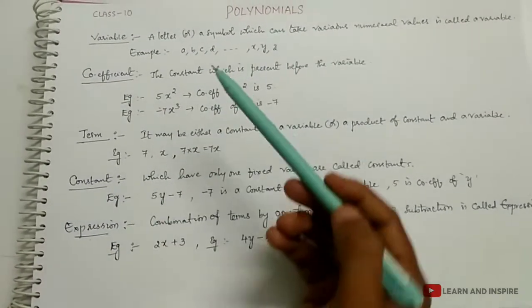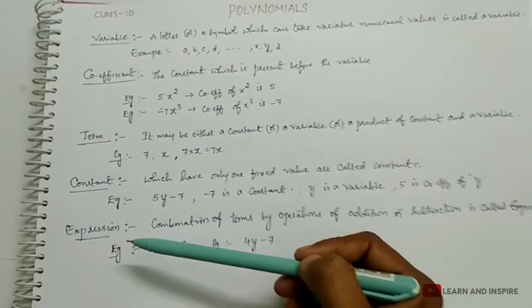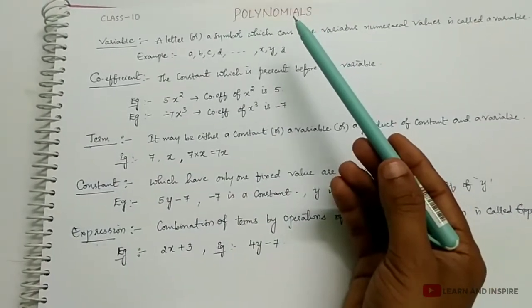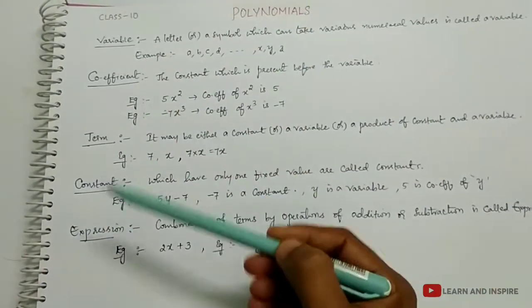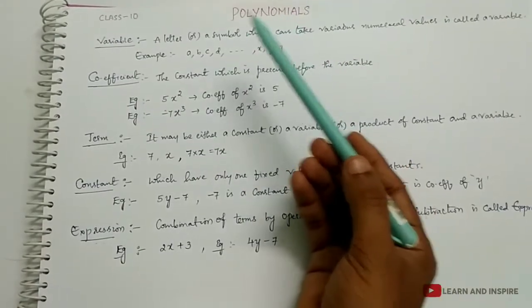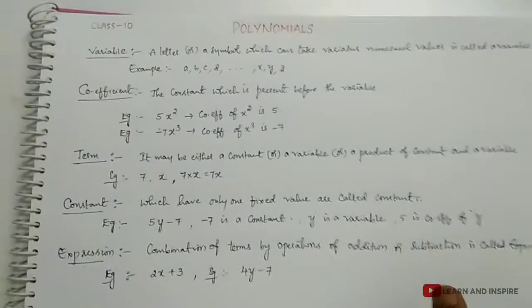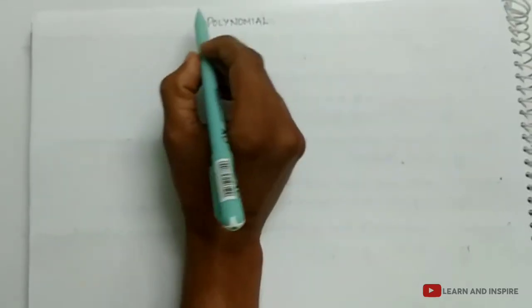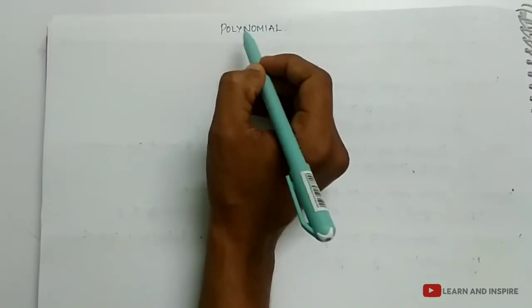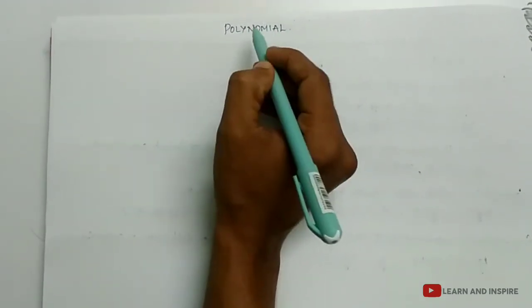Okay, now these are the key concepts before starting the introduction to polynomials. From this we can now discuss polynomials. Now we come to the topic polynomial. So what is a polynomial?